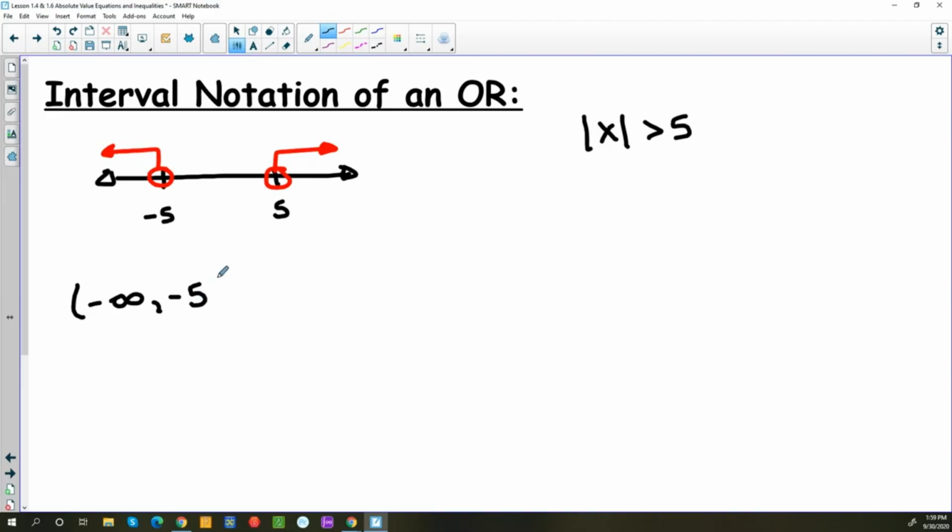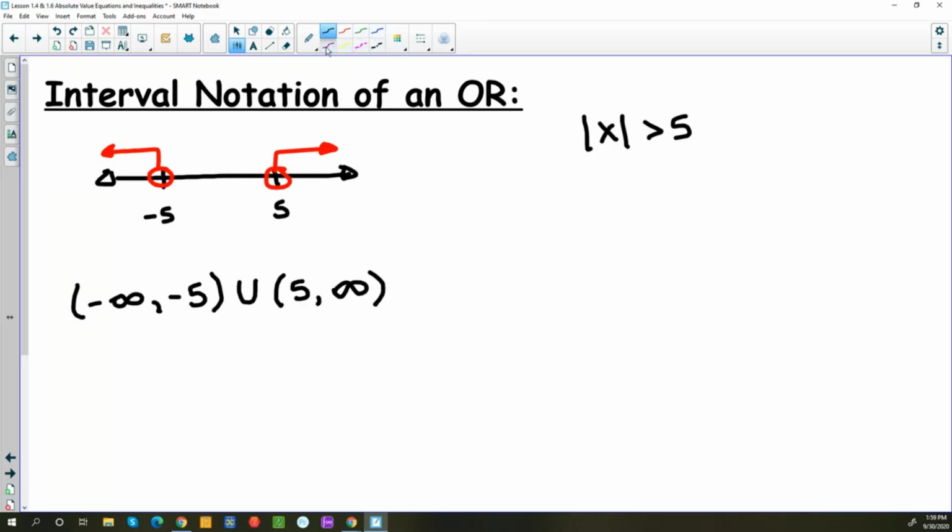Open circles are with parentheses. We have a gap. Anytime we have a gap, we use a U, which is a union symbol. We pick back up at 5, and then the red arrow goes forever in the positive direction, which means we have positive infinity.